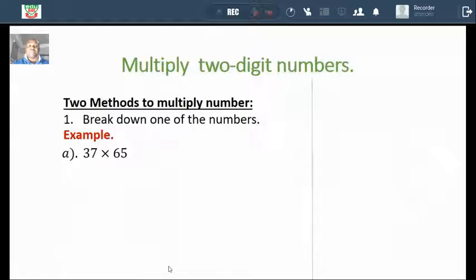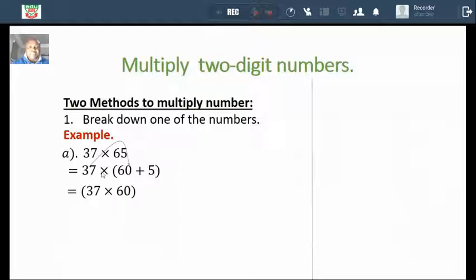Now, as you remember, I said when numbers are inside the bracket and you multiply by the number outside the brackets, each of the numbers inside the brackets must be multiplied by the number outside the bracket, which means here you're going to have 37 multiplied by 60 and the same 37 multiplied by this 5 here.